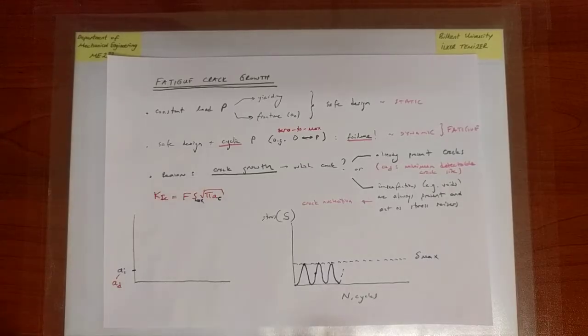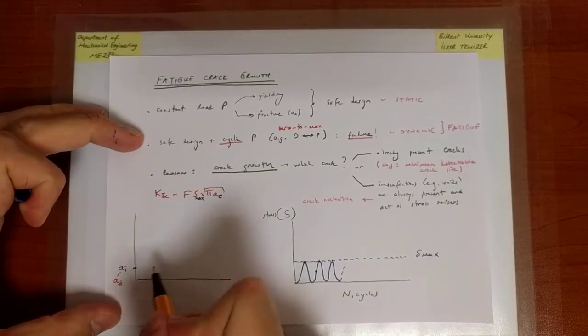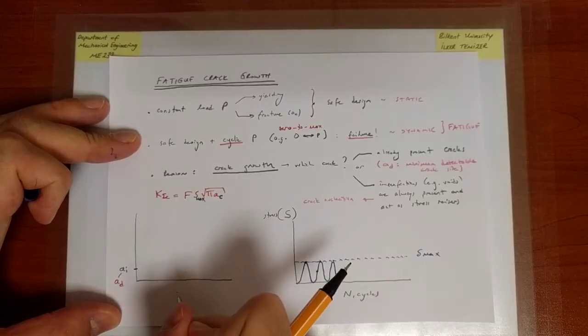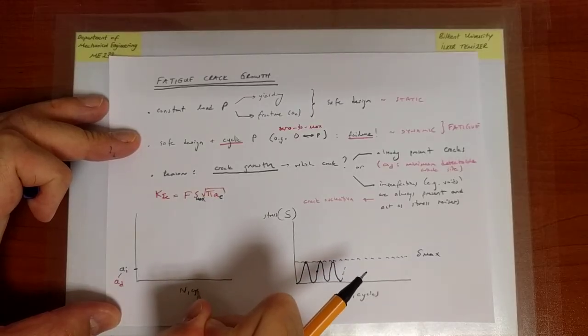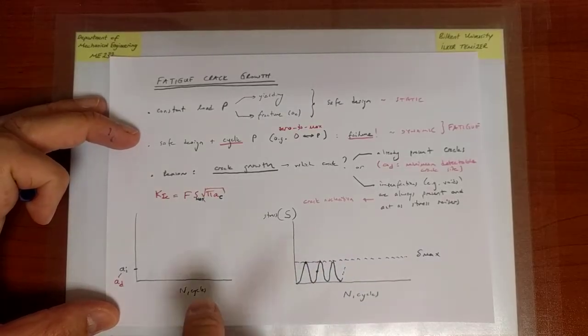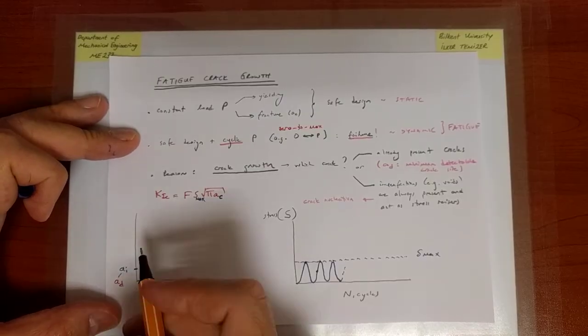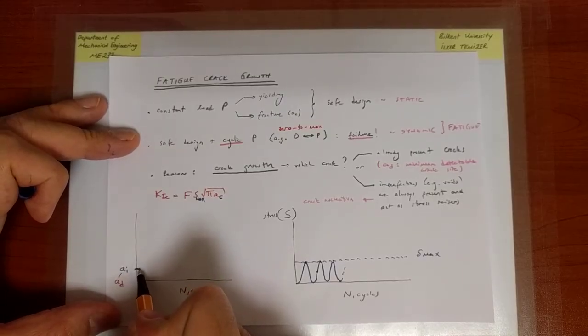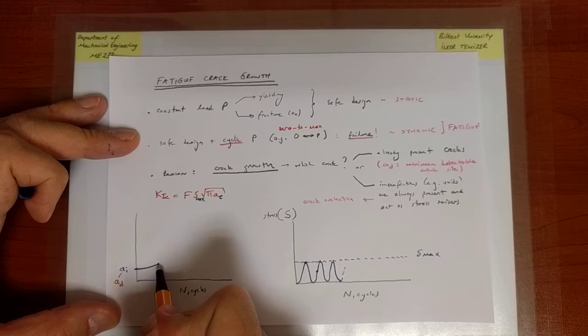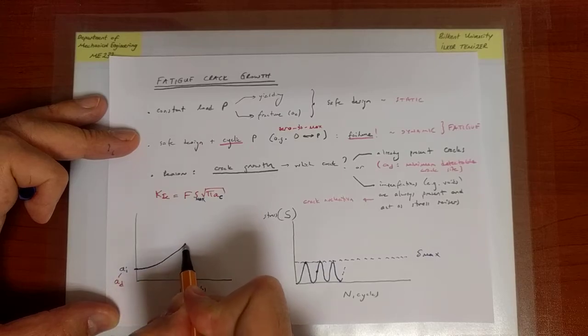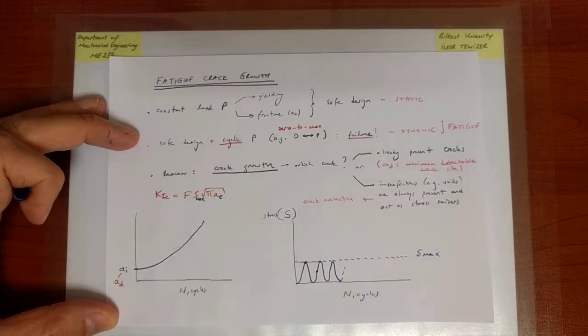And now the physics of crack growth says that over time, and now time is number of cycles again, this crack will grow. So initially it's AI, but over time the size of the crack will grow.